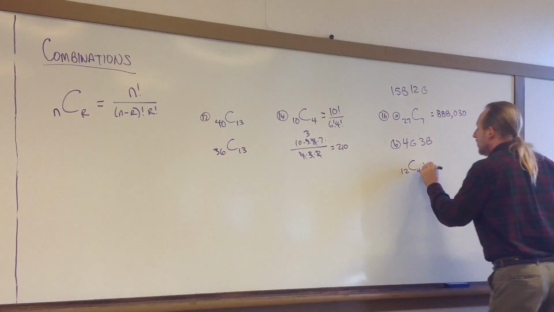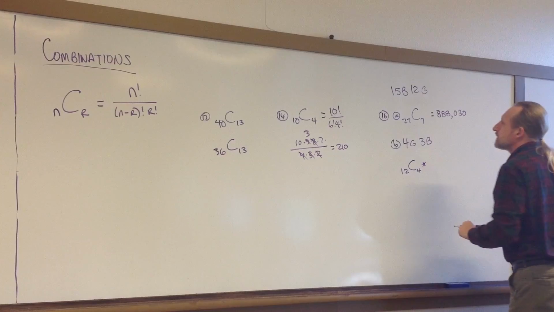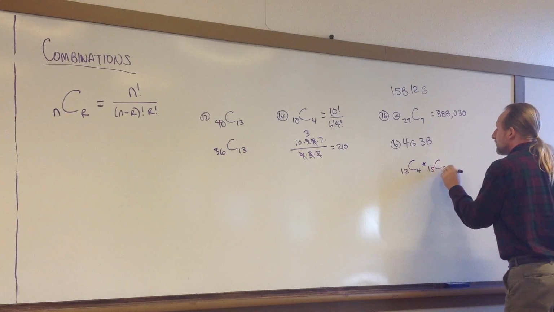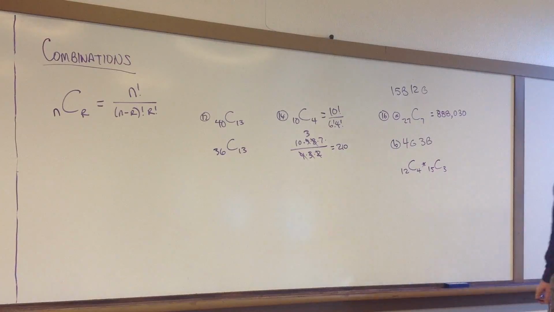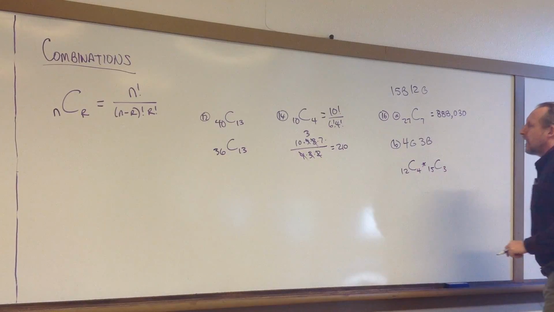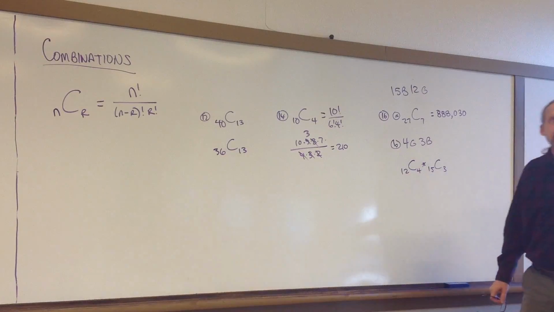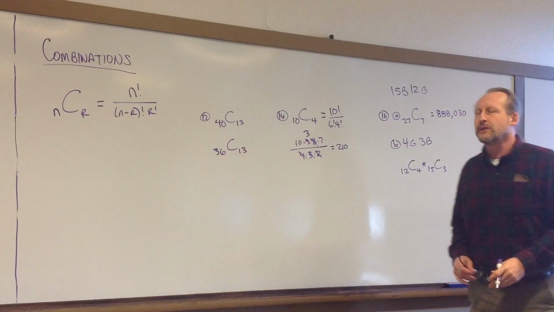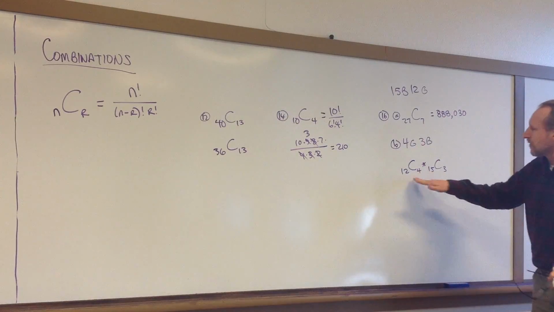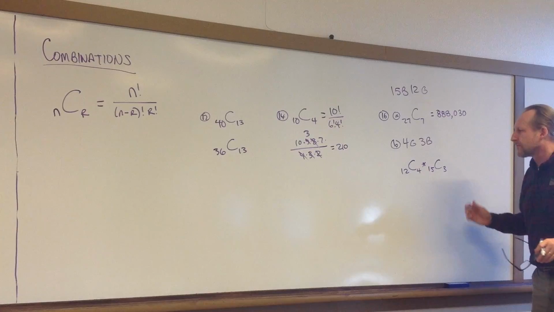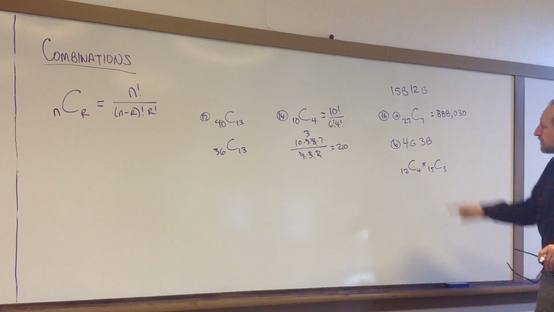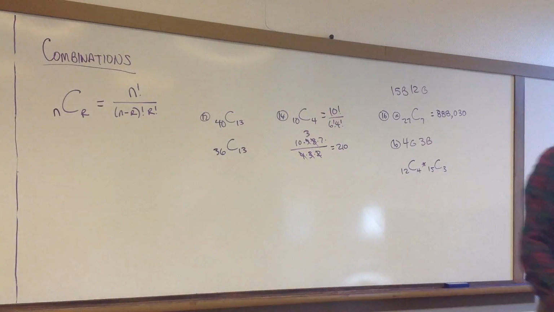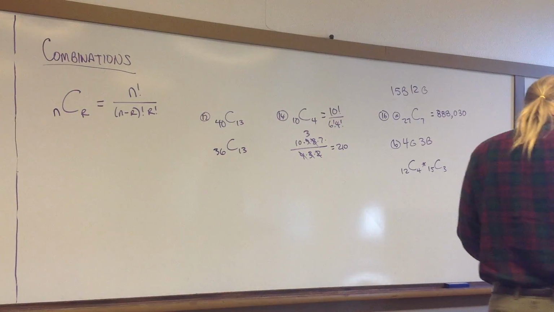And then, for the boys, we want to choose 3 out of the 15. This gets multiplied in the same way that the fundamental principle of counting multiplies possibilities. This is the number of groups of 4 girls, this is the number of groups of 3 boys, and the ways that they can be put together multiplies them. Let's calculate this and see what it comes out to be.